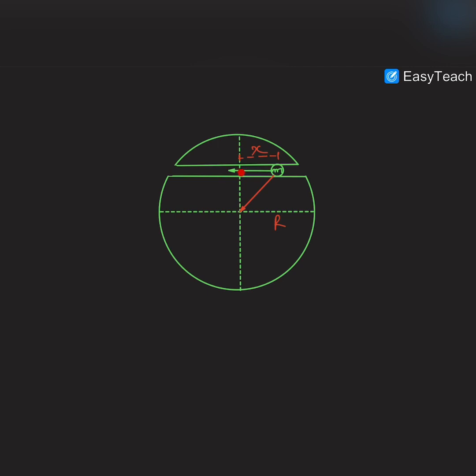This is the point at which the ball will be in equilibrium along the tunnel, because obviously at this point the net force acting on the ball would be directly in the downward direction towards the center of the earth, and therefore there would be no component of this force along the tunnel. Therefore we can say that the restoring force which is acting in the direction of the tunnel, this is Fr, is 0 at this point.